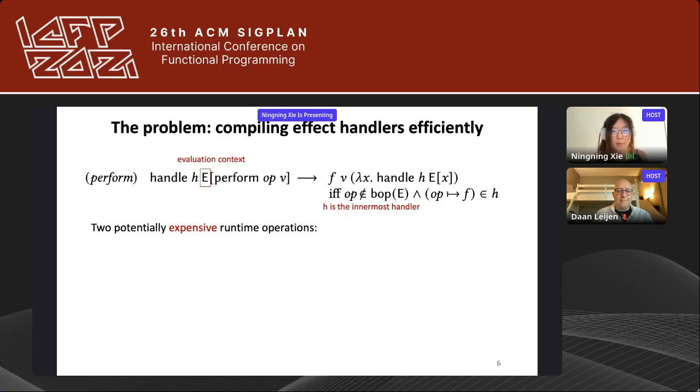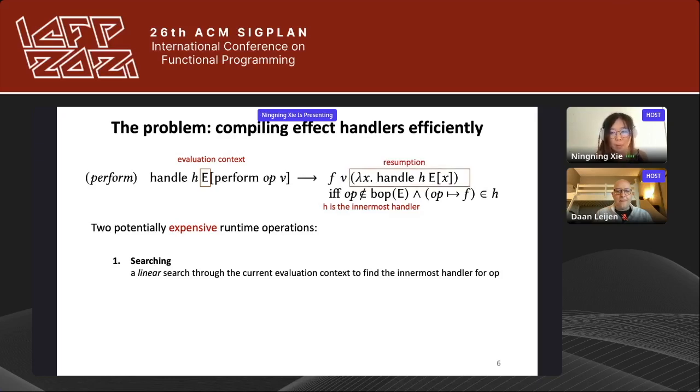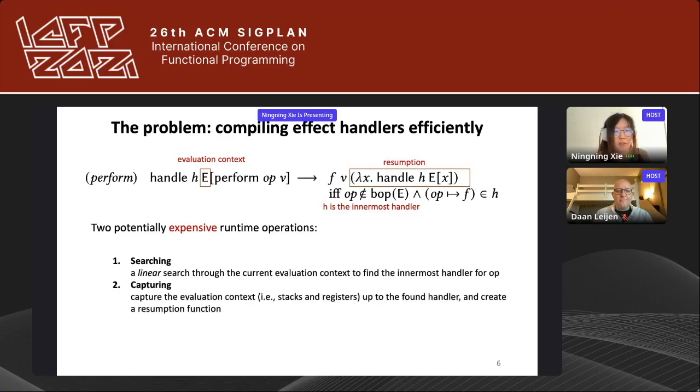That means we will need to perform a linear search through the current evaluation context. And second, after we find this handler clause F, we will need to provide the resumption. That means we will need to capture the evaluation context up to the found handler and create a resumption function. This is not only expensive, but might be impossible for some platforms like .NET or Wasm, where you have no access to stacks.